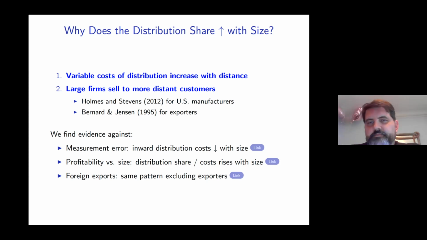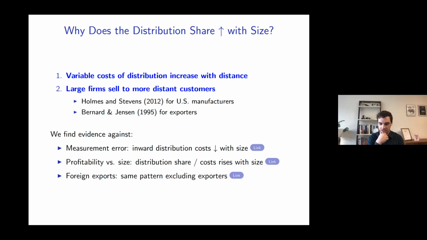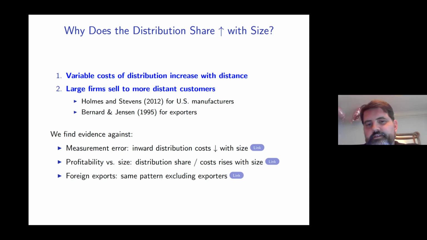Are you able to distinguish between multinationals and just exporters? The story being that the very productive firms will set up their own distribution chains, and they'll set up a company overseas to sell. So they'll take on more of the distribution costs on their own books. Less productive firms will just let somebody buy it there and take on the costs of distributing it overseas.